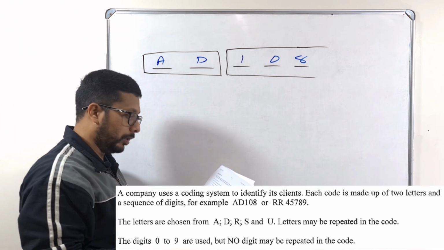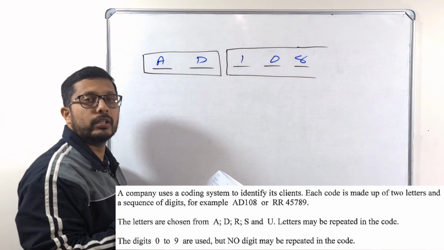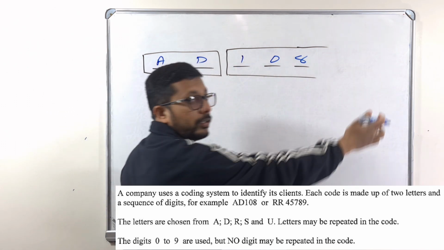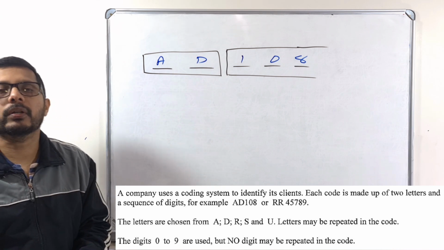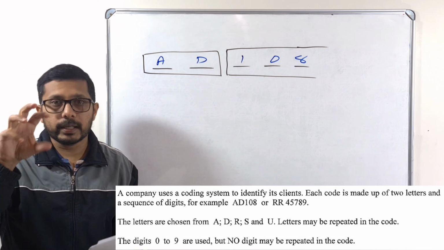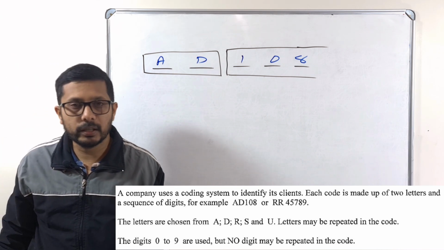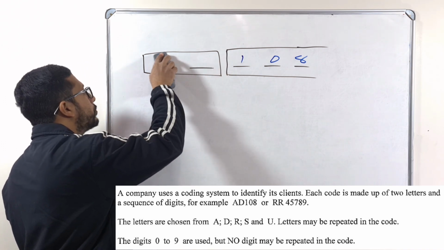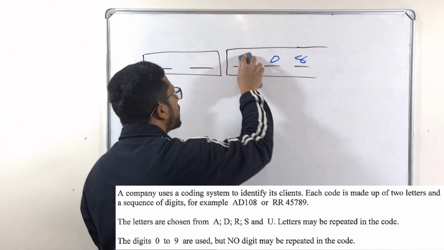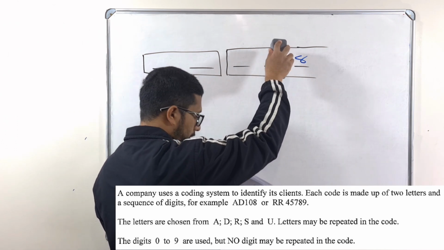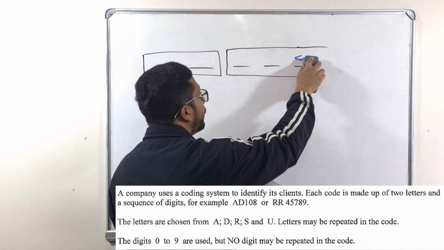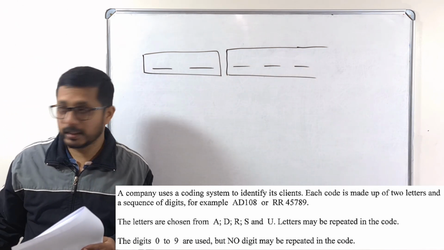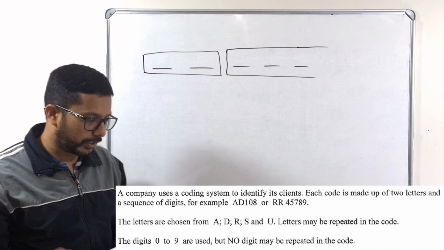Look at the next example, RR45789. So it is not fixed how many numbers there are, a sequence of numbers. But the first 2 are fixed, the first 2 are letters. How many letters are there in the alphabet? 26. Anyway, leave that one, I'm just asking.